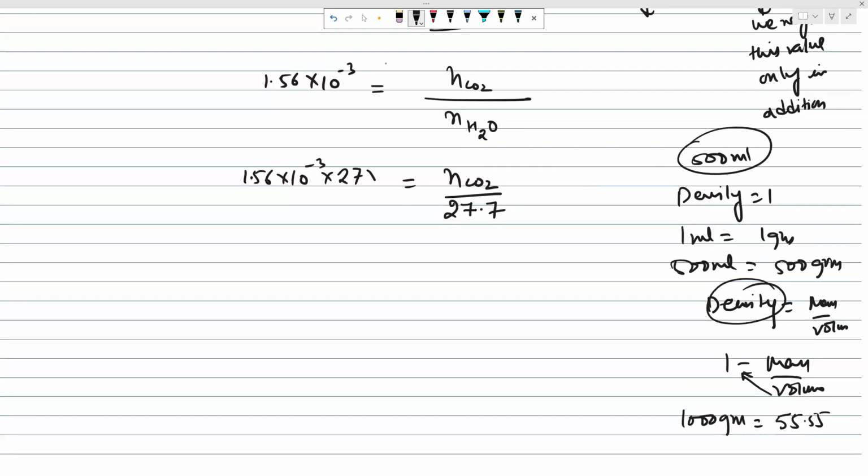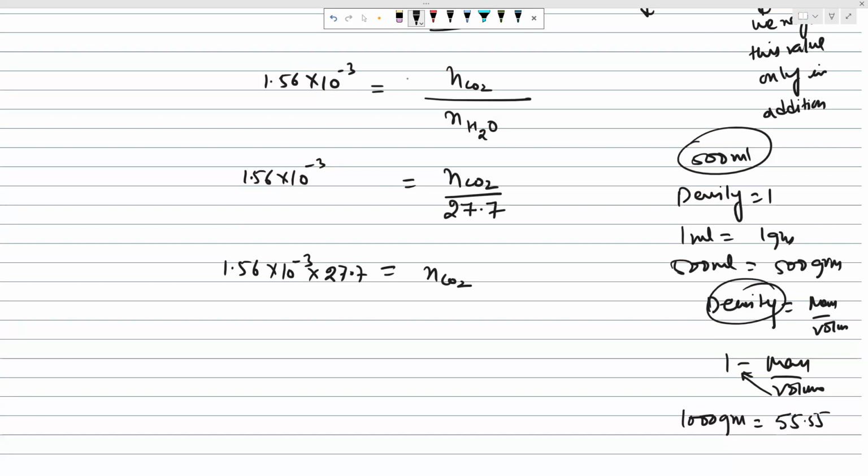This gives you the number of moles of CO2. So you write it this way: 1.56 into 10 raised to the power minus 3 into 27.77 is equal to the number of moles of CO2.